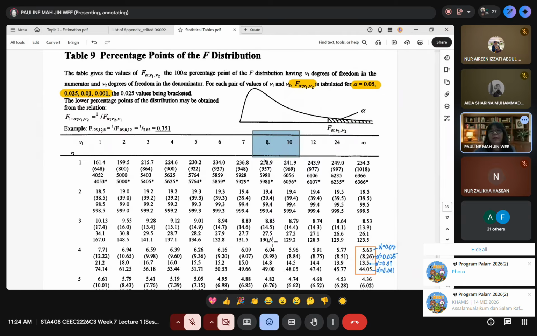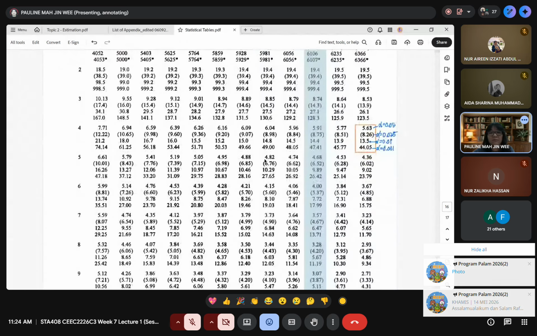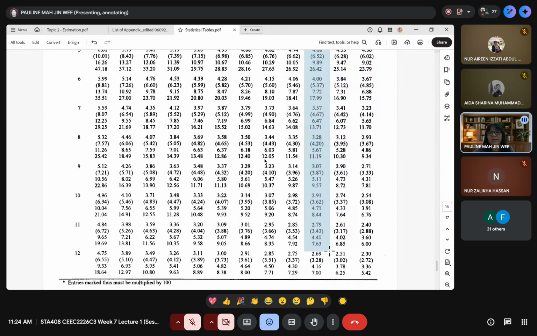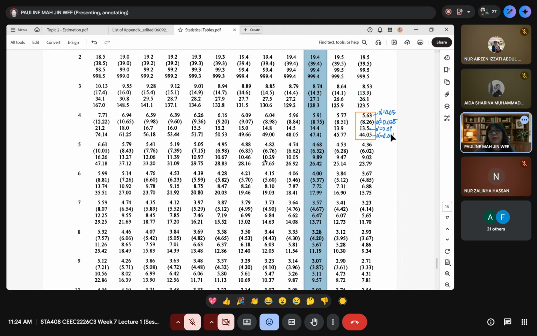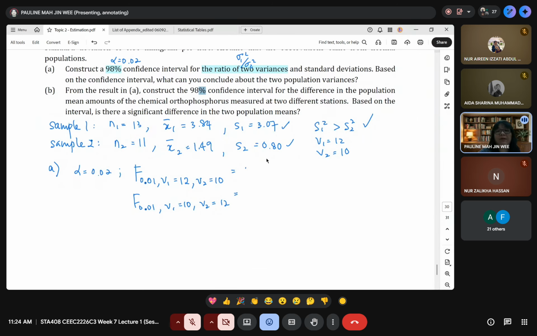Okay, right. 12 here, all the way down to 10. Here, your 10 is here. And then we want 0.01. 0.01, according to the order, is the third one. So you're right, it's 4.71. It's the third value. Okay, so we have 4.71.